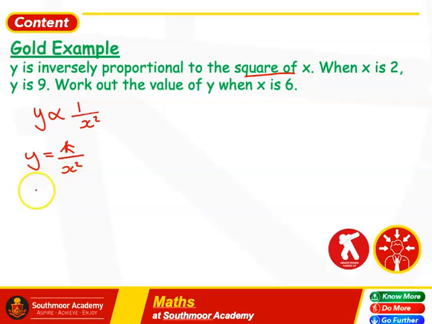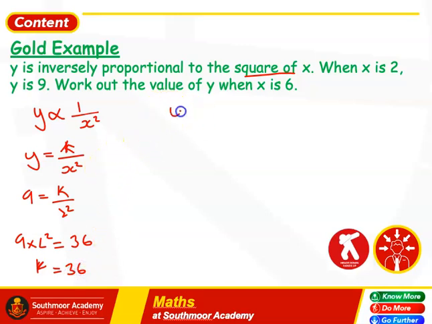Substitute in our values. So 9 is equal to k over 2 squared. So 9 times 2 squared, so 9 times 4 gives us 36. So k equals 36.